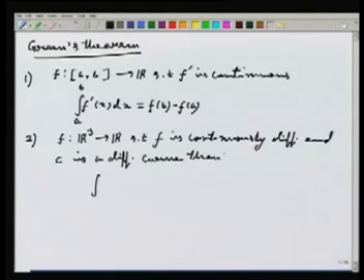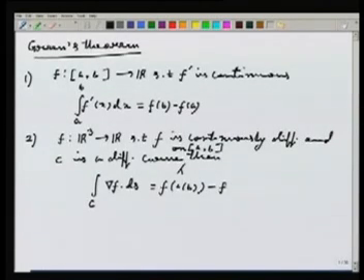Let us say a differentiable curve on the interval [a, b]. Then the integral over C of grad f, which is a vector field, dot ds, turns out to be f of C(b) minus f of C(a). Okay, this is the result which we have proved.